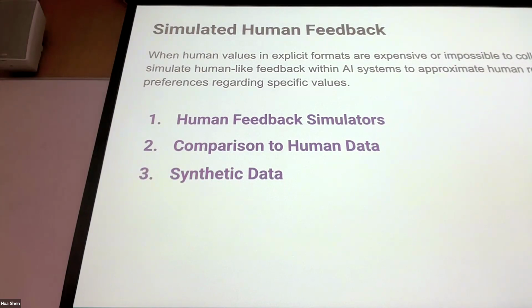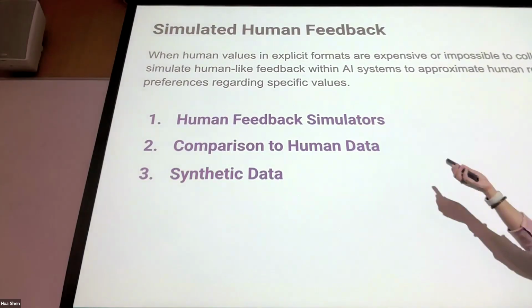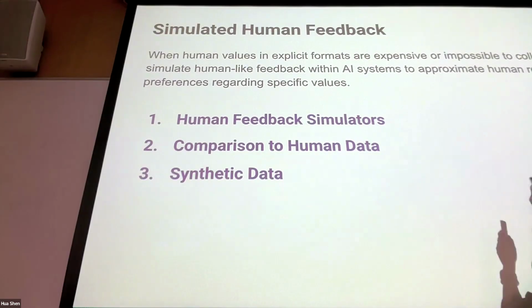As LLMs' capabilities get better and better, simulated human feedback is more and more important and prevalent in our research. But today I just saw one paper questioning whether using LLMs to replace human data annotation is a good way, which has some concerning results as well. So we will briefly go through this.